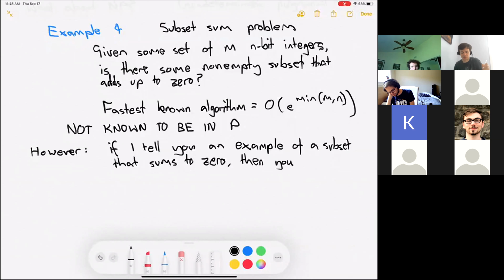You just have to add up that subset. The size of the subset is at most m, and each element consists of n bits, so the time it takes is just polynomial in m times n. Can check in polynomial time.